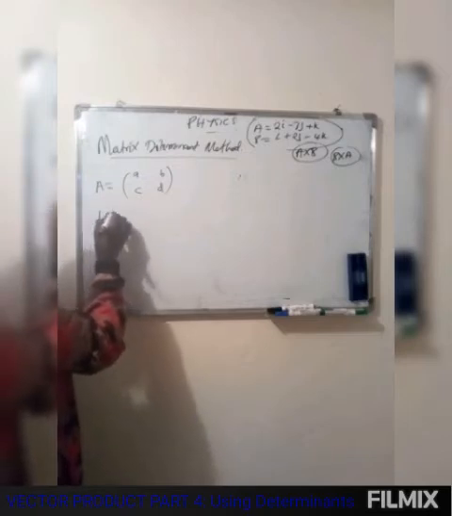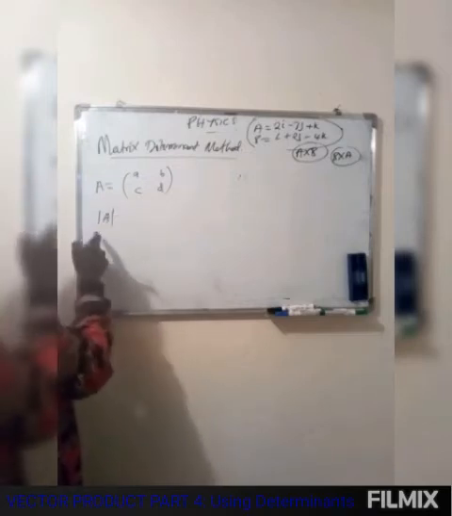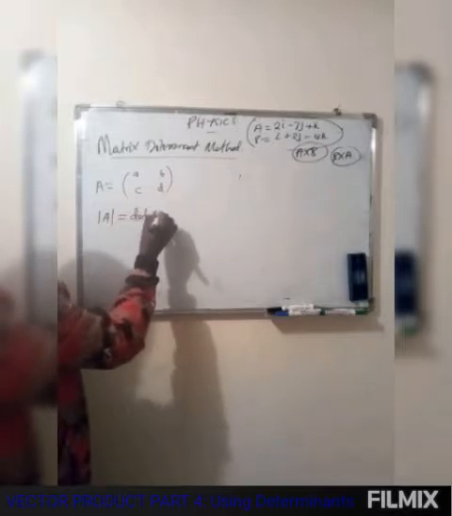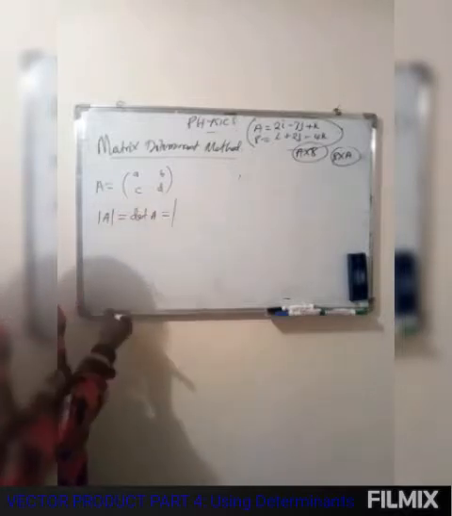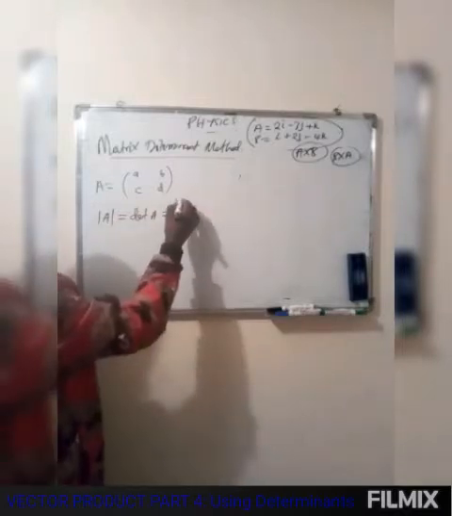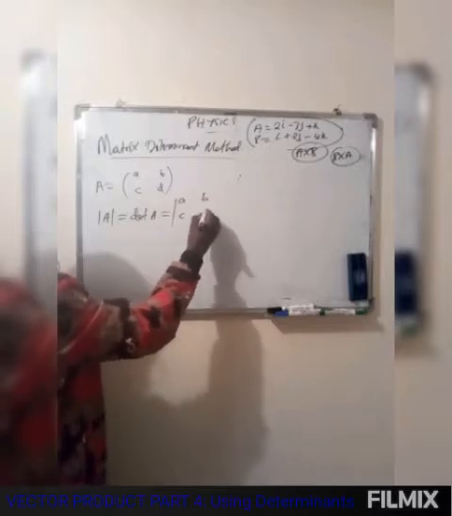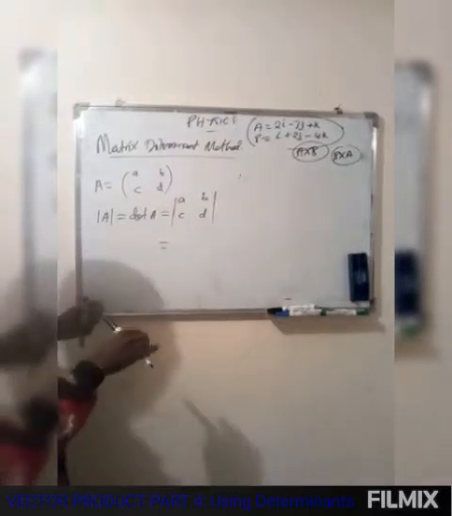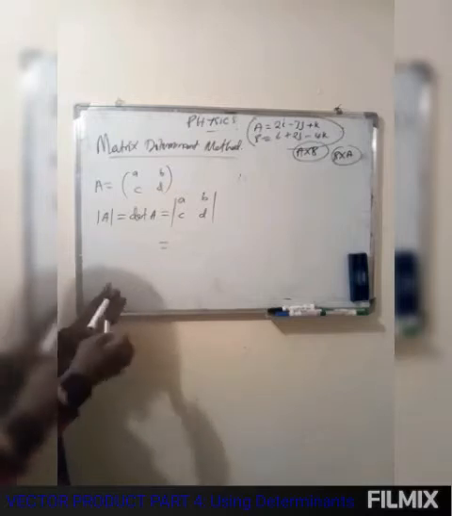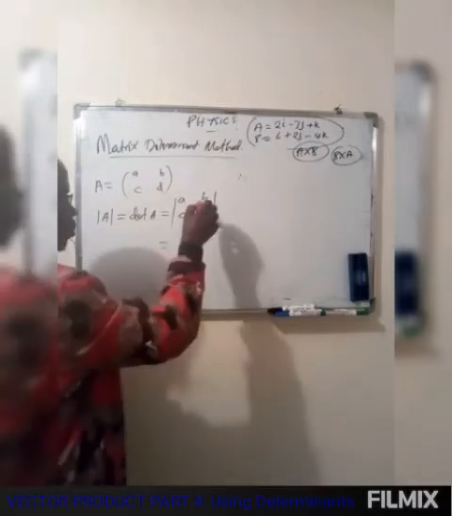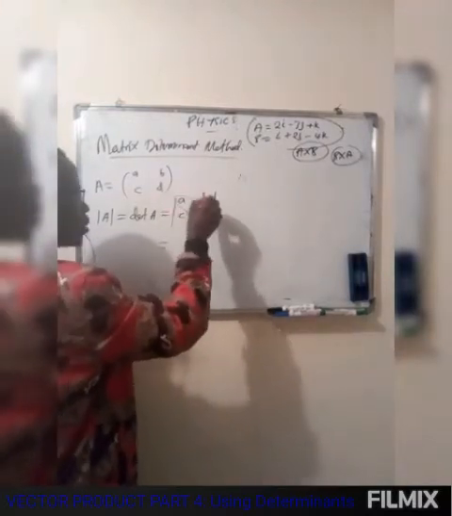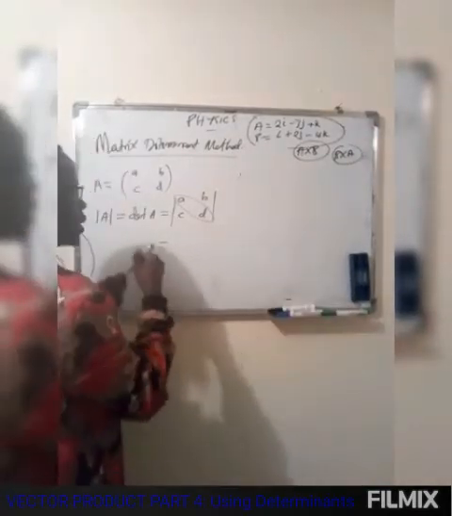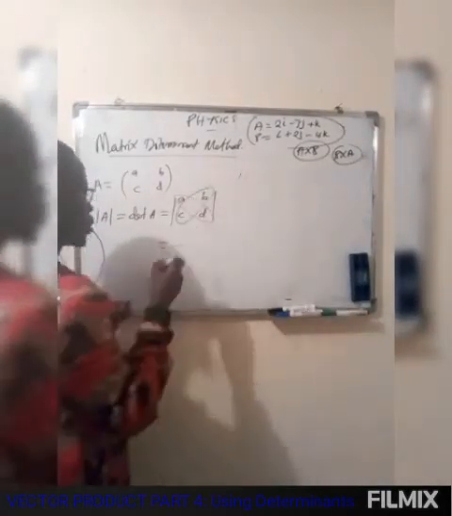The determinant of A, or we use these symbols, or we also say that A is simply equal to, we use the straight lines, A, B, C, D, like that, right? And then how do we calculate? We simply get the diagonal minus the minor diagonal. So we get the product there, and minus the product right here. Okay, so that's how we go about it.